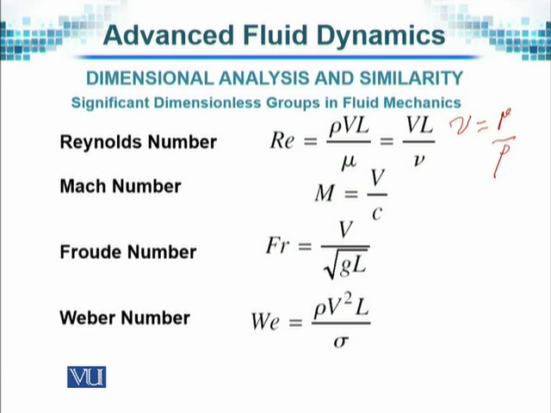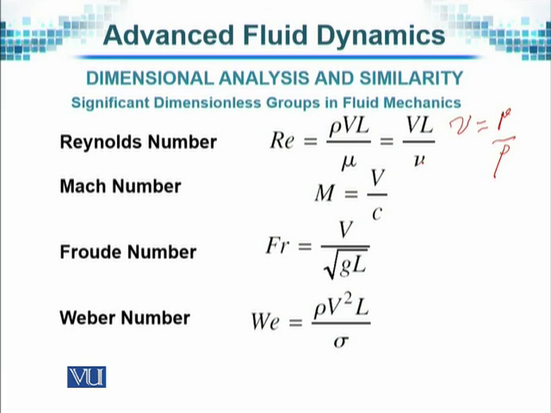V L shows the effect of momentum forces, because with velocity you have momentum, and in the denominator we have nu. Therefore, the Reynolds number is the ratio of momentum forces to viscous forces.